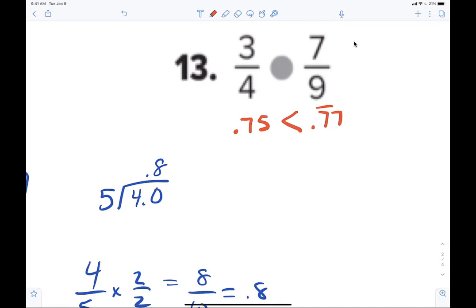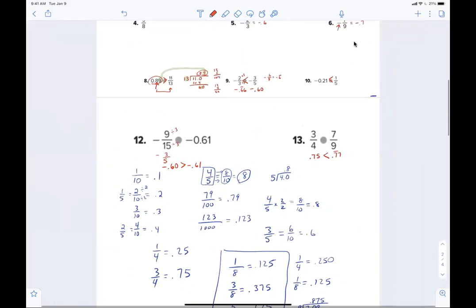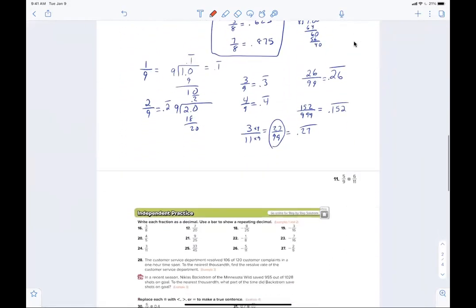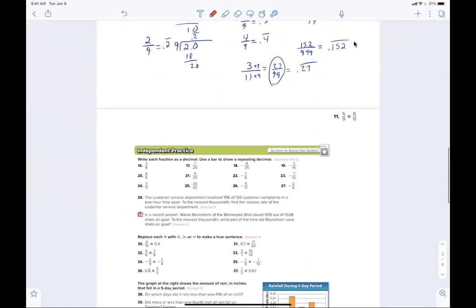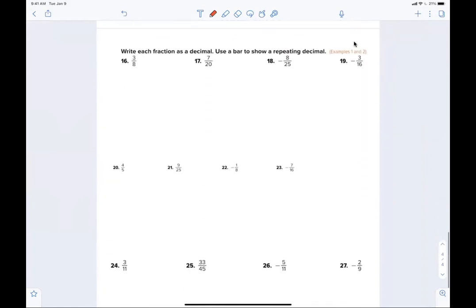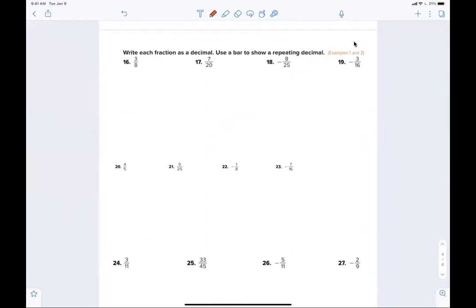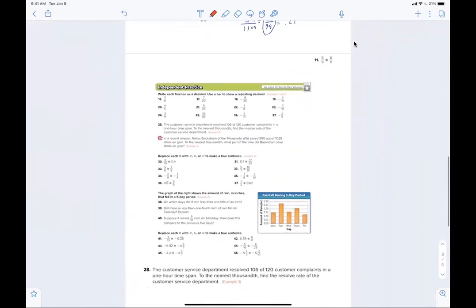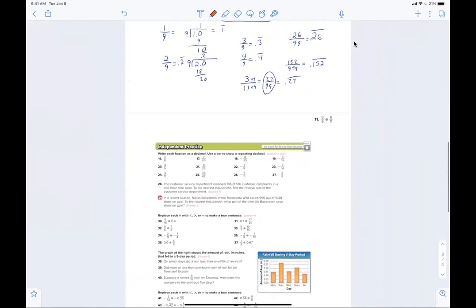What time's the bell ring, guys? In 2 minutes. Okay, so listen, I'm going to have to put a pause on this work. All right, guess how much homework we have? None. All right, tomorrow we're going to finish up this section. Is everybody hearing me?